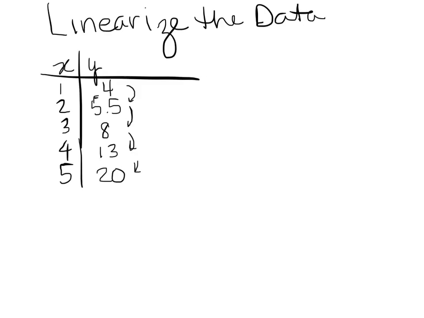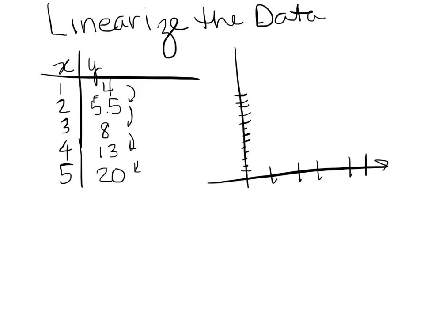But if I graphed it, I could come over here with 1, 2, 3, 4, 5, and over here I'm going to fit up to 20. I'll start graphing it: 1, 4; 2, 5.5; 3, 8; 4, 13; I'm being a little sloppy; 5, 20.